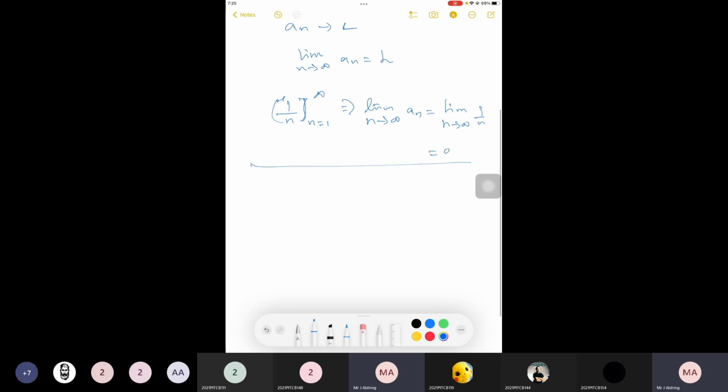Therefore, the limit of the sequence is equal to 0. It's a finite number. Therefore, we can say that if the limit of the sequence is a finite number, that is convergent. I already explained what is convergent and what is divergent. Now, that is a convergent sequence. At the same time, we can understand the limit of the sequence.